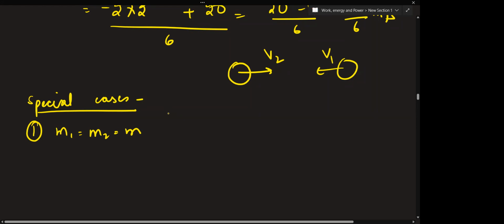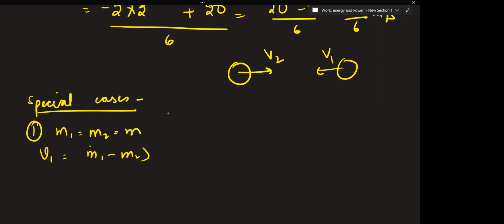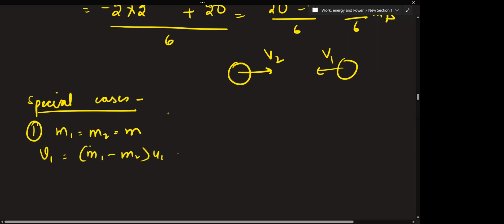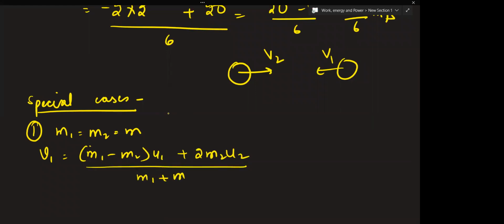If we know this, then you don't need to derive it in the exam. Now this is M1 equal to M2, equal to M, let's say. Let's see what V1 will be. The formula is (M1 minus M2) U1 plus 2M2U2, divided by M1 plus M2.